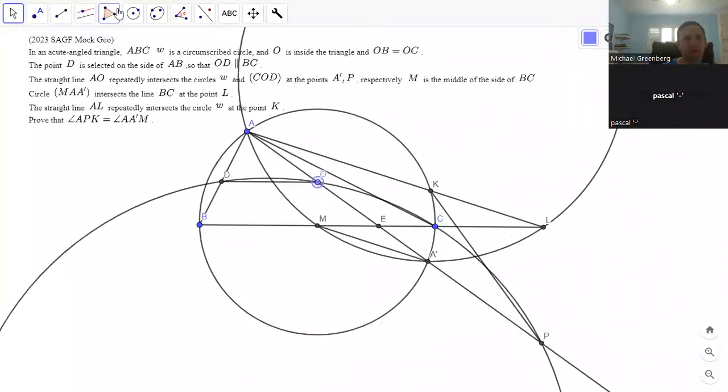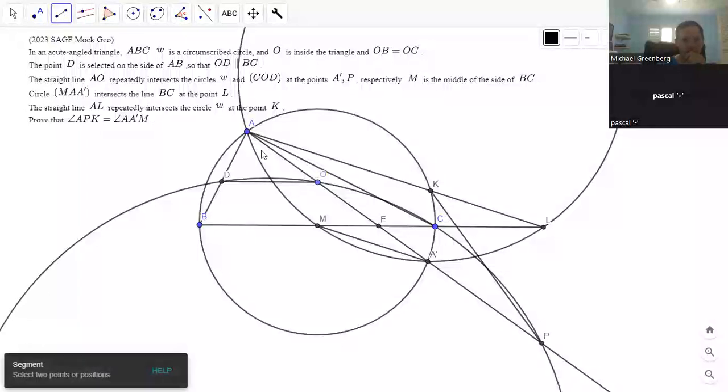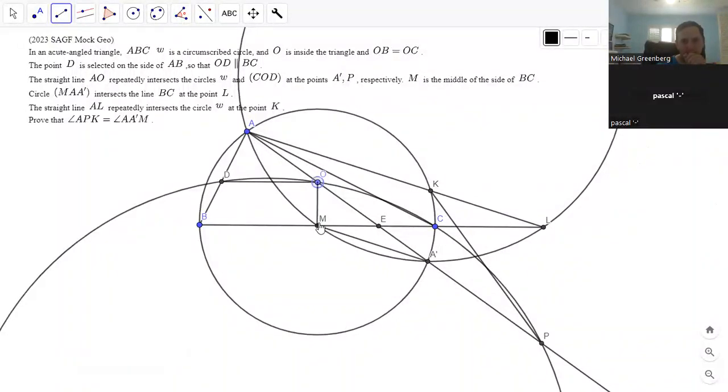MA prime equal MA almost looks true. No, it's not true. Let's think about this. It's perpendicular.